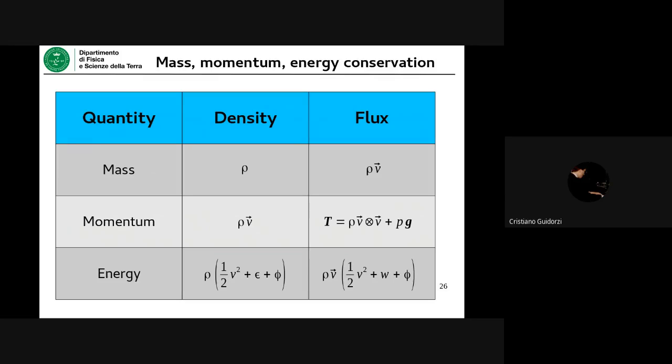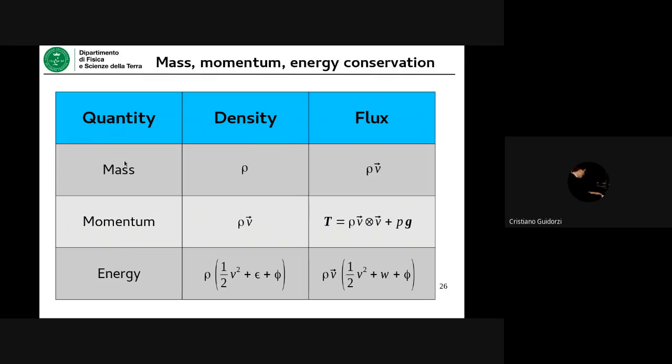So you see, for each of the three quantities that are relevant in Newtonian physics and have to be conserved, I put both the density and the flux. So for any quantity, if you remember both density and flux, you automatically can write the corresponding continuity equation, and so the conservation of that quantity.